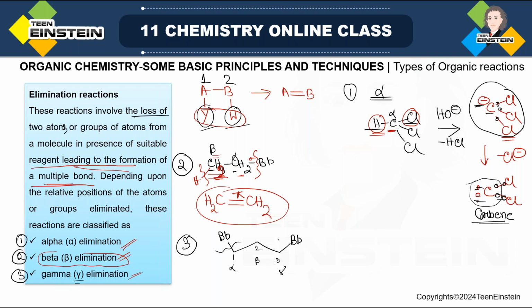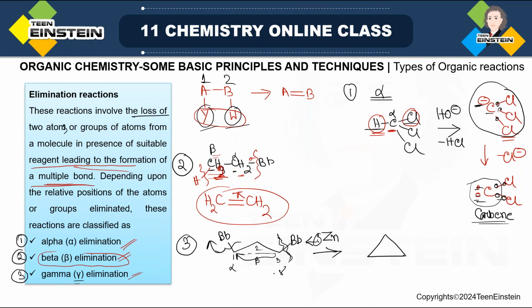So if these 2 sigma bonds are broken and in this position a newly generated sigma bond is drawn, what are you getting? From 1,3-dibromopropane, you are getting cyclopropane. This type of reaction occurs in presence of zinc, where zinc will provide some electrons and these electrons will attack the bromine. This sigma bond will be broken and then attack will be from this position as Br is removed.